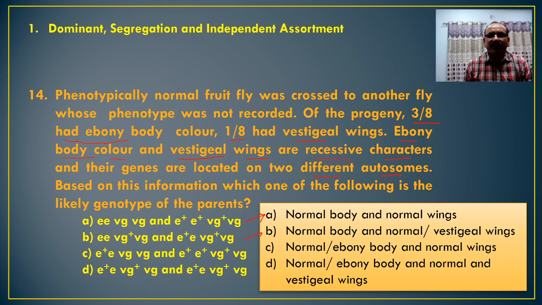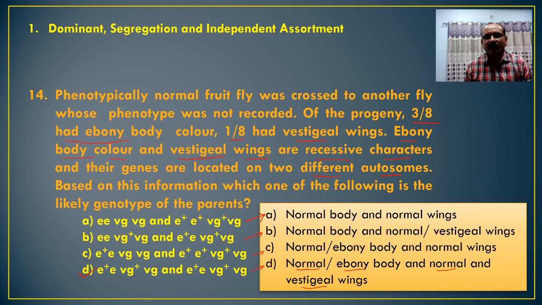Then the third one, that is the normal or the ebony body and normal wings. And by the fourth type, in D we have the normal or the ebony body and normal or the vestigial wings. It can be considered that the genotypes given in D are responsible for the formation of the progeny having the normal or ebony body color and the normal or vestigial wings.